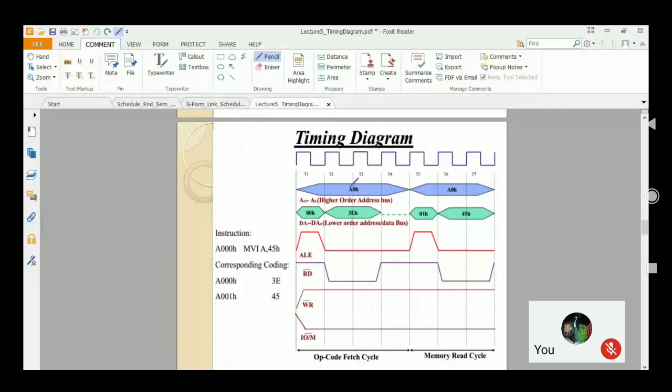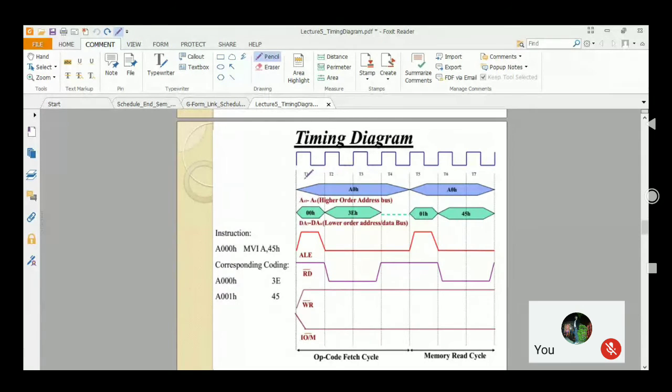Why more timing cycles are required for the higher order address bus is because this is all the manufacturing design. In an instruction, how many cycles the fetch will take is given to you. It always takes a higher clock cycle for the higher order address bus, where I need to give a different clock cycle.